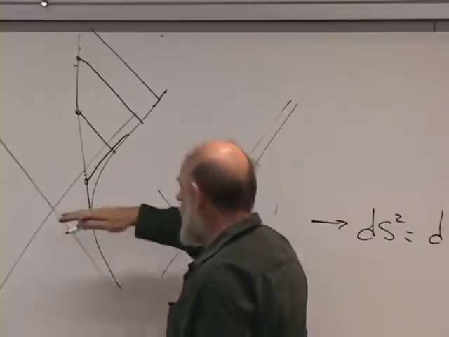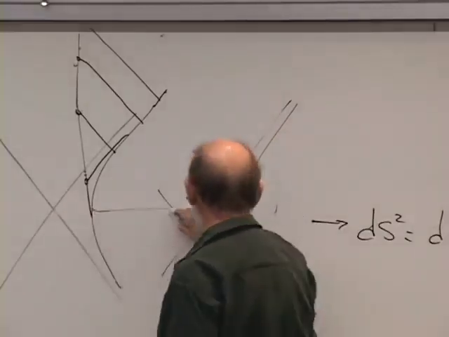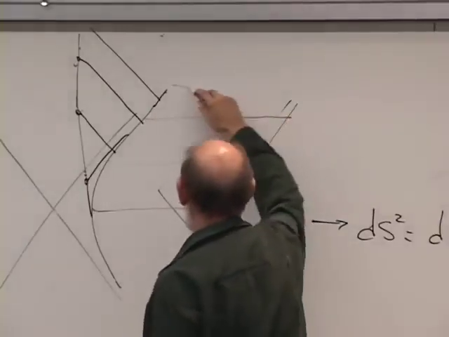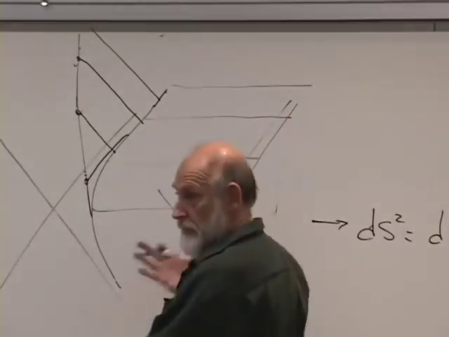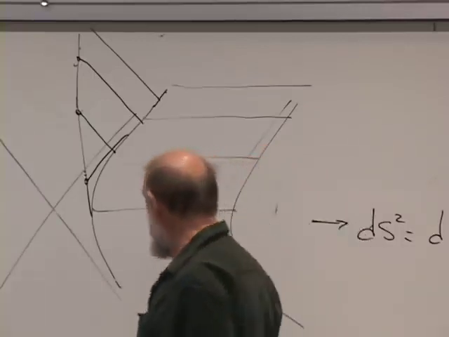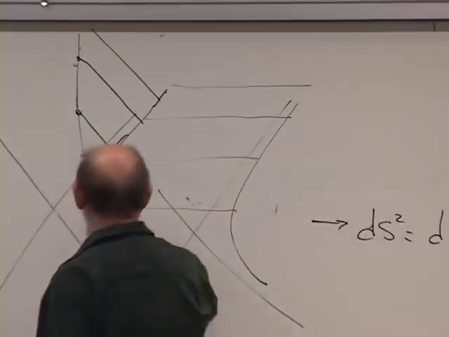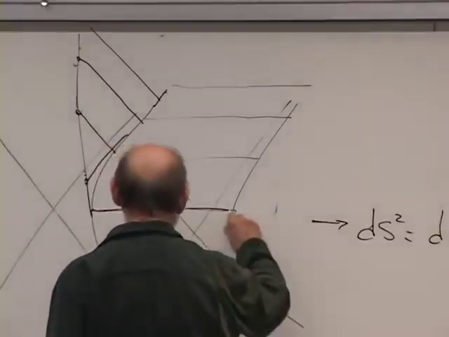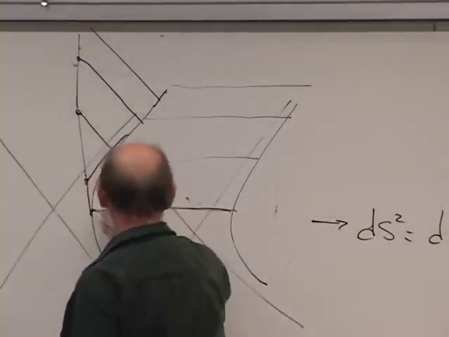Now, in the original coordinates, this distance is equal to this distance, is equal to this distance. All we've done is translated the hyperbola. But in their own reckoning, they don't measure distance along here. Well, at this point, he does measure it.